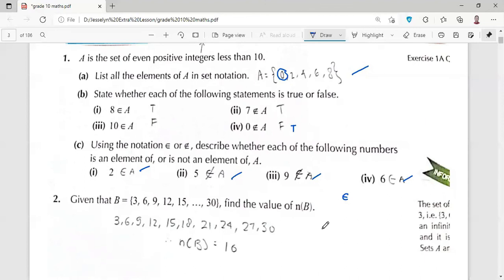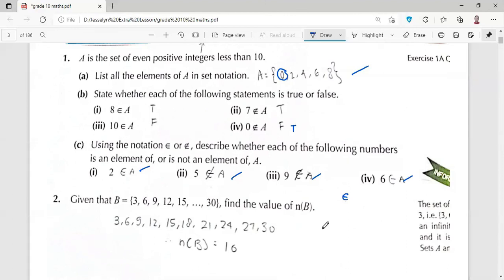So how do we determine the number of elements? We have to list them down. And how do we list them down? We look at the pattern. You have 3, 6, 9, 12, 15, then after 15 plus 3, 18, plus 3, 21, plus 3, 24, plus 3, 27, plus 3, 30.